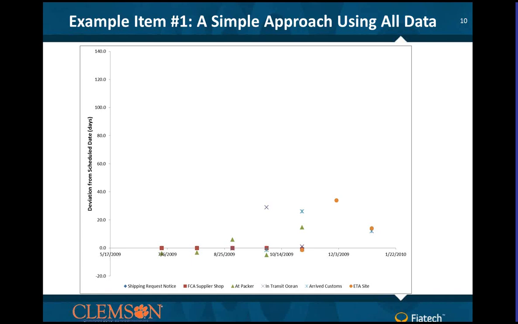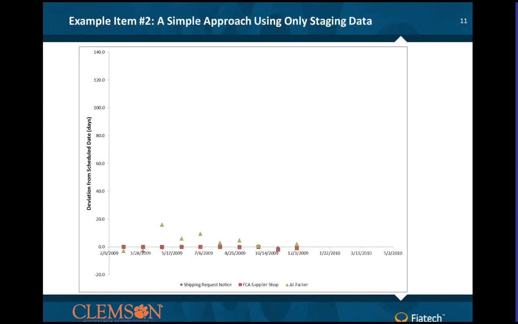If I look at all of this data, all the way back to the shipping request notice to the estimated time of arrival on site, I can look at historical data and say, well, this data kind of looks flat. Maybe in this simple approach, this looks like things are okay. I don't see anything really starting to spike up in terms of a large deviation between planned and actual.